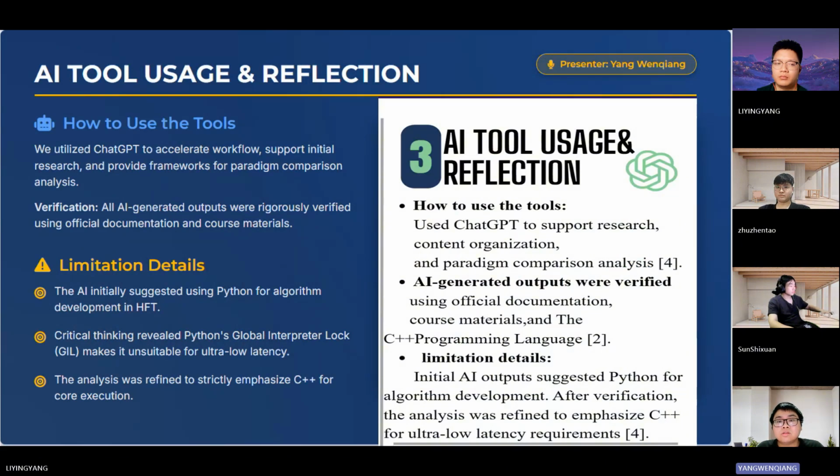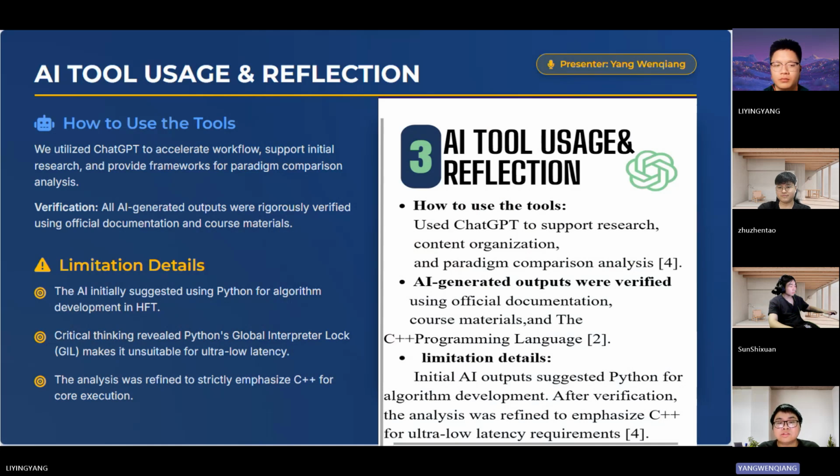Now I will talk about how we used AI tools in this project. We used ChatGPT to do surveys and build our framework. Still, we checked all information with the official documentation and the course materials. AI first suggested Python for coding. However, its GIL makes it too slow for latency-sensitive tasks.